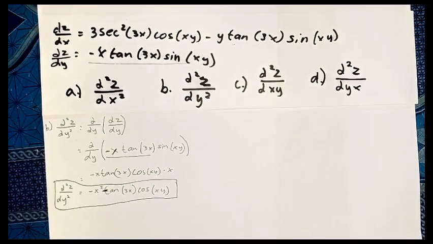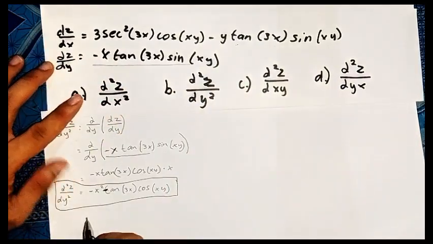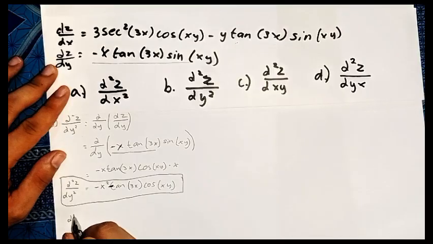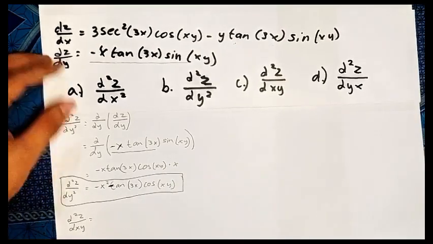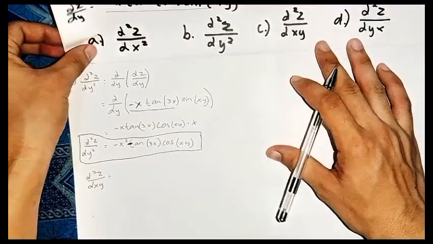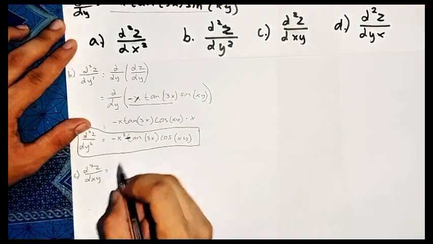Now let's proceed to the other one. Partial squared z over partial xy. Let's remove this so that it fits. It's long already.